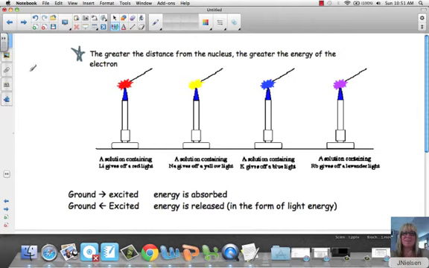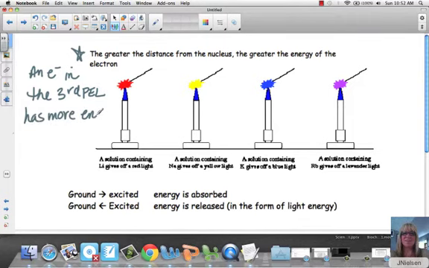So what that means is an electron in the third principal energy level has more energy than an electron in the first principal energy level. And you'll understand why in a minute.